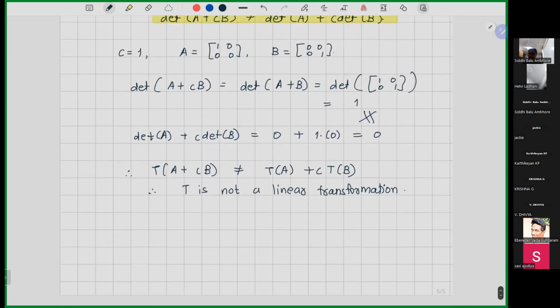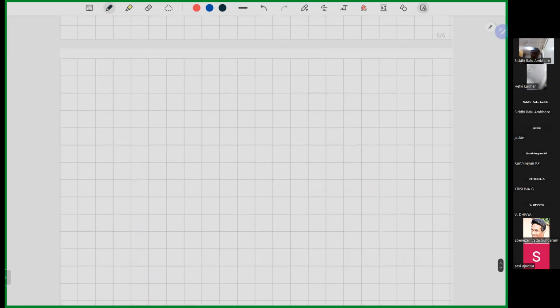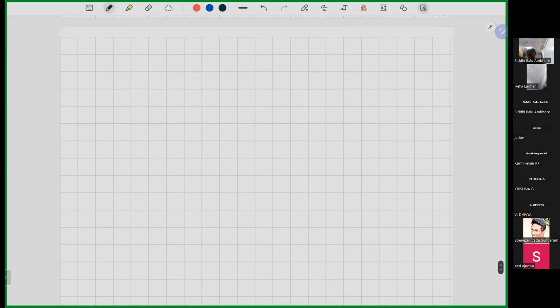So now the next questions we will be discussing are more or less related to how a basis in the domain vector space goes to, I mean, how the corresponding elements work under a transformation in the codomain vector space. You will understand when I write the question. We have to check whether the following statements are true or false.